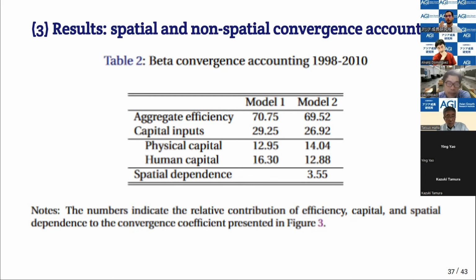We may think of including panel data regressions and seeing how these coefficients change, but this is the relative importance. And this shows that, as usual, which is the case with spatial econometric studies, space matters. So it's not 0%; the contribution to the overall convergence that space is responsible for is 4%.